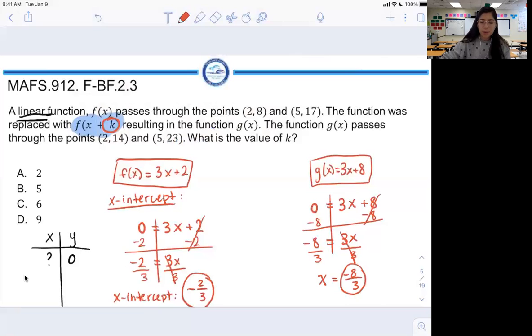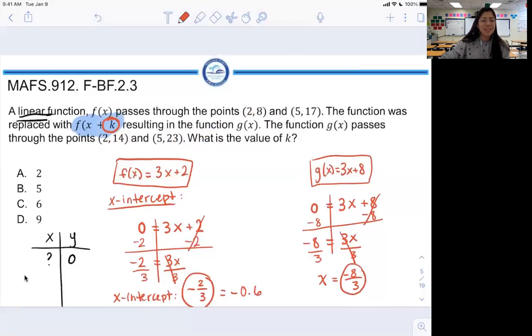Go for it, Janelle. What is that decimal for negative 2 thirds? Okay, I'll give you a sec. Negative 0.6. Exactly, not 1.